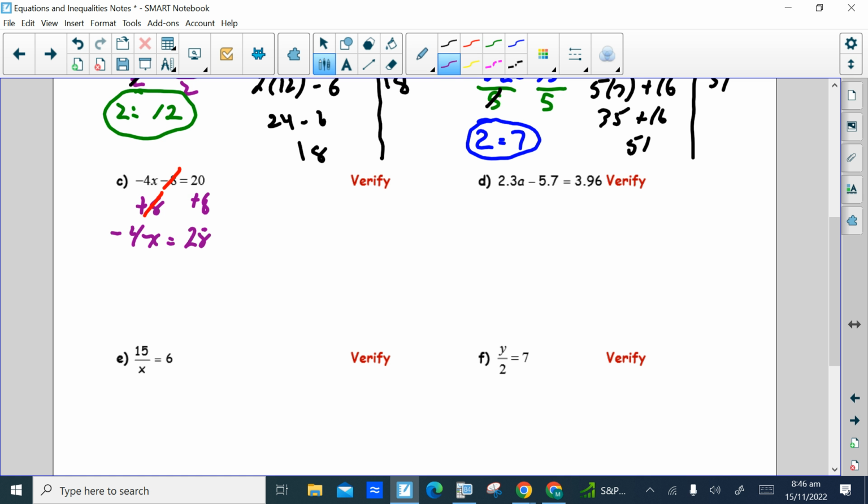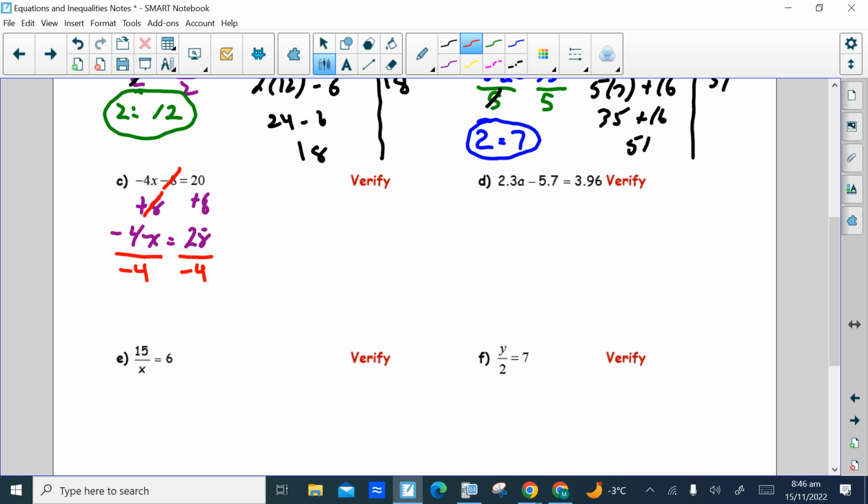Now what, Keen? Now what? You're going to divide both sides by negative 4, he says. Is that right, Charlie? Good.